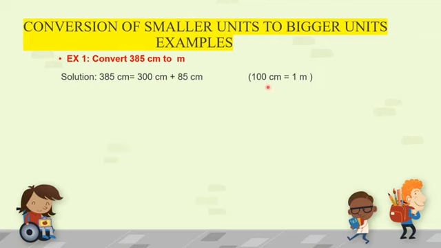That means 2 zeros, right? Divided by 10, divided by 10, 2 times. So 2 steps means 2 zeros. That means 100 centimeters make 1 meter. So this is the relationship between these two units.